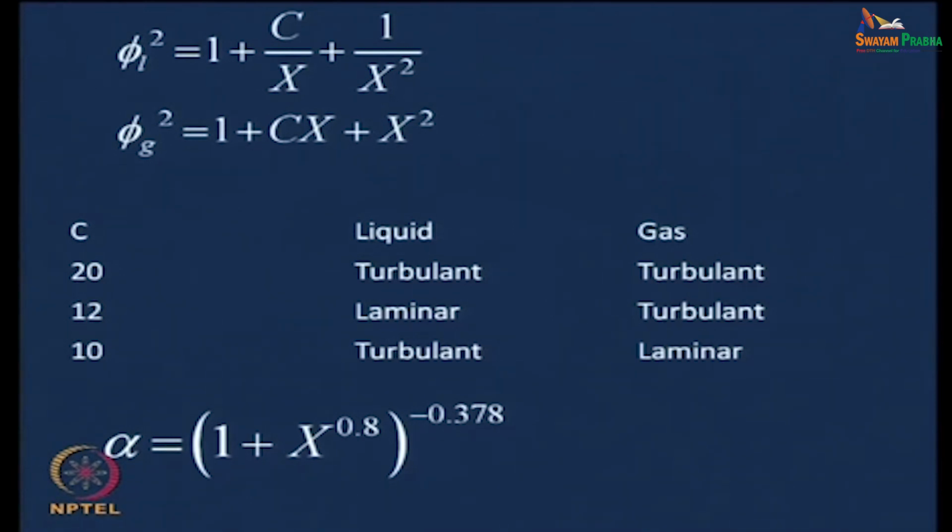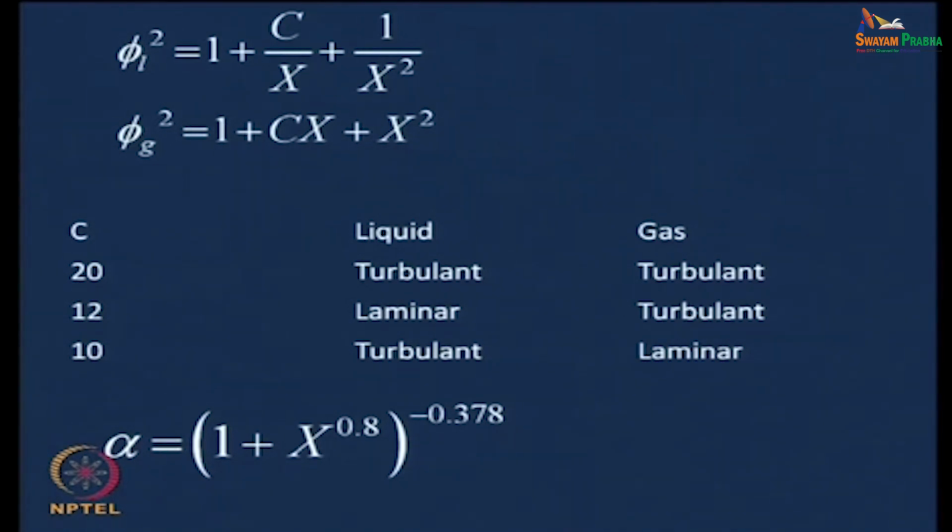Remember one more thing also, that these particular correlations have been derived for two phase two component systems in horizontal flow at low pressure close to atmospheric pressure, isn't it? They have been derived under that condition also. So, its application to situations outside this range of consideration is not recommended.